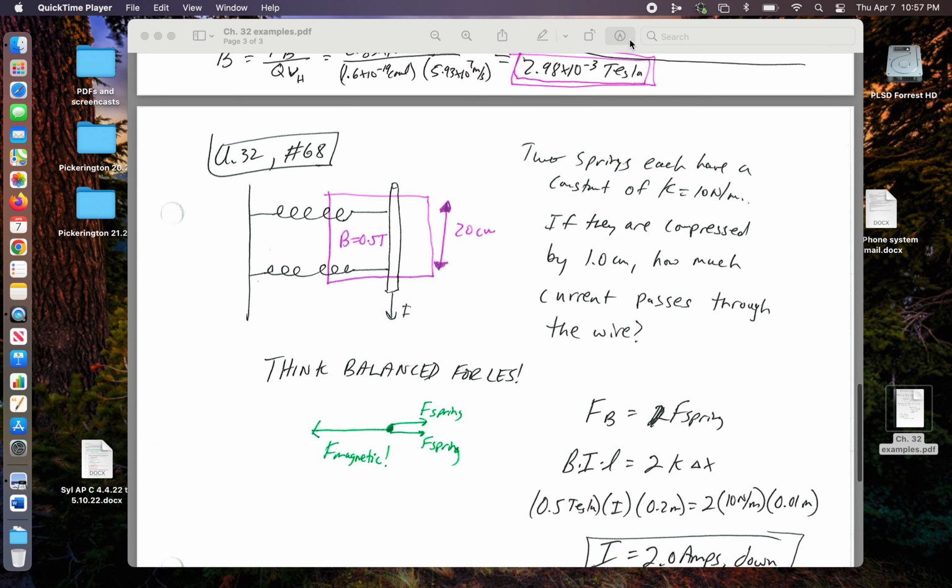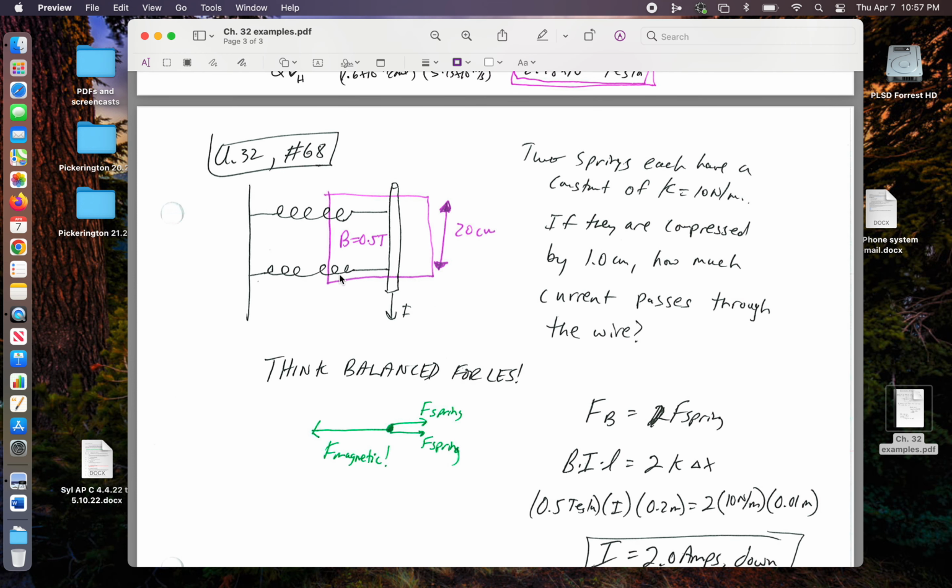Now one thing it didn't say here is what is the direction of the field? If the field is causing a force to the left and the current is going down, then the magnetic field is coming out of the page. I don't think it asked that, but I think it should be noted. Magnetic field would be pointing out of the page.